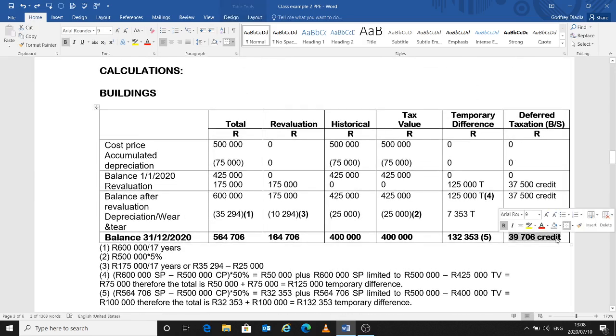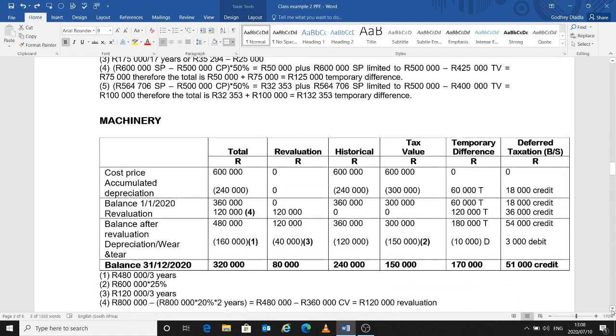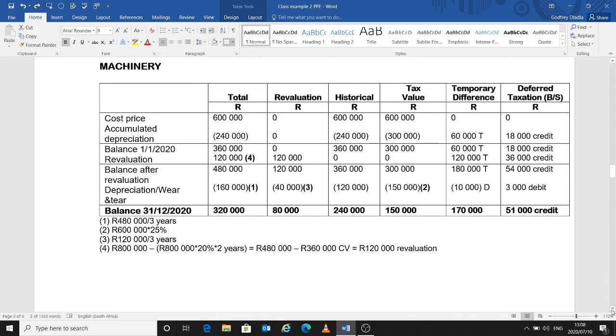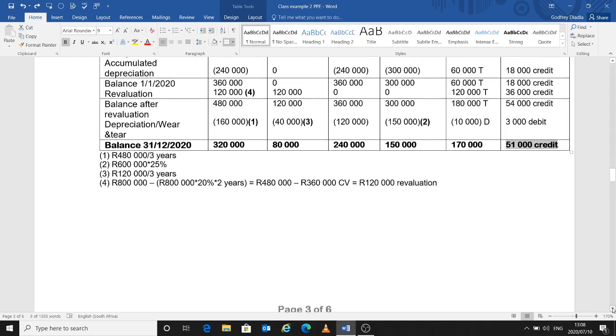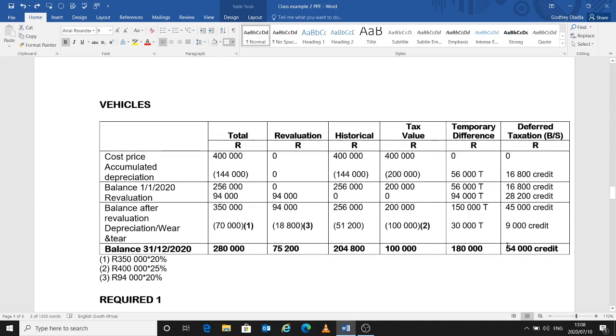Now, the deferred tax of 147, I can go to the calculations and say my deferred tax for this first one is 39,706. I'm adding to it plus 51,000, which is this one, and plus 54,000, which is this one.